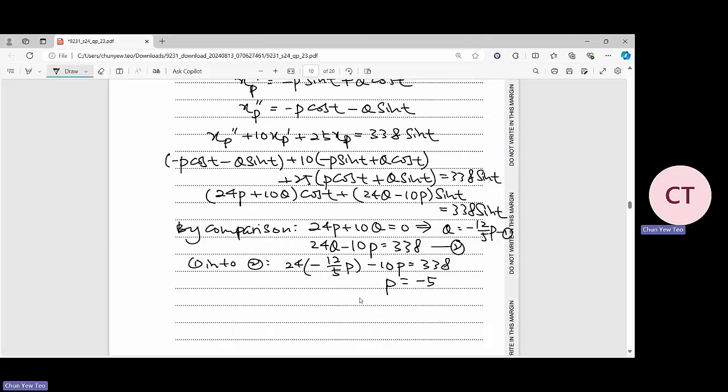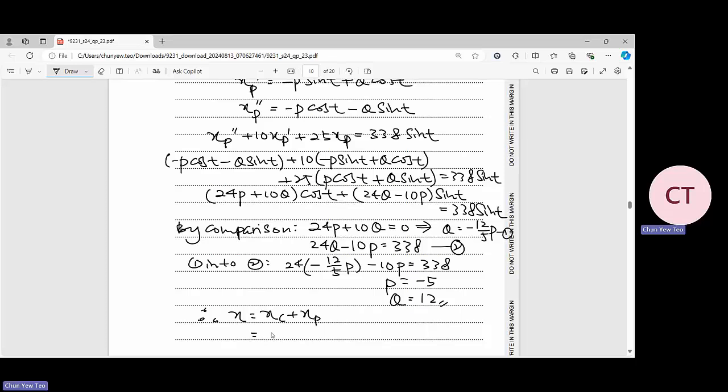Then after that, you can get Q as positive 12. So therefore, you have found x equal to xc plus xp.